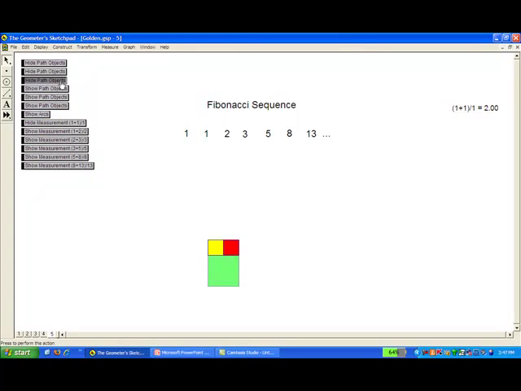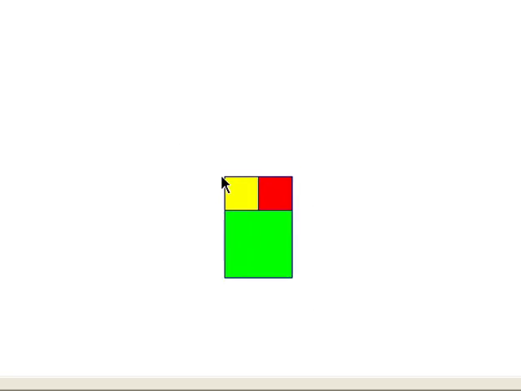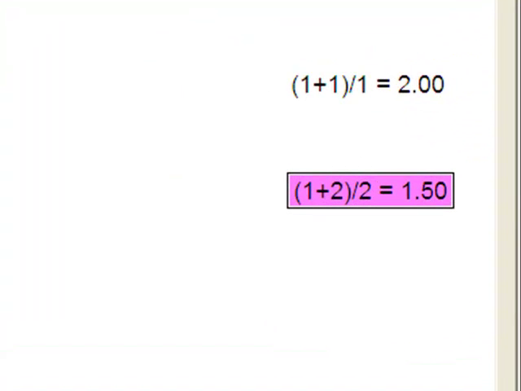Now, if we add on the long side another square, this time of length 2 by 2, and we take the ratio between the long side and the short side, we take the long side divided by the short side. We get 1 plus 2 over 2, which is 1.5.